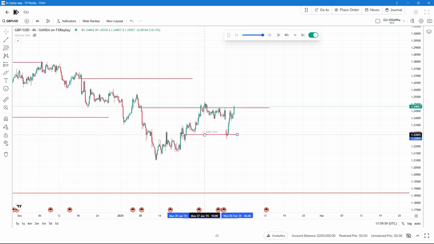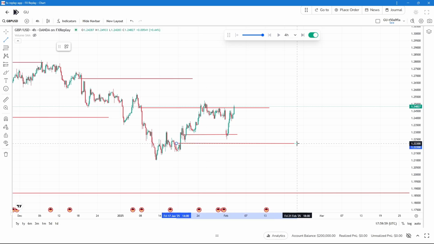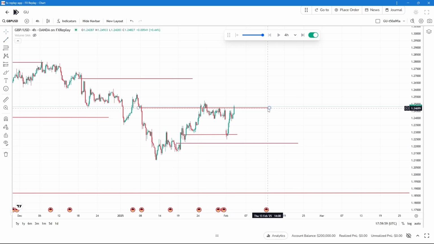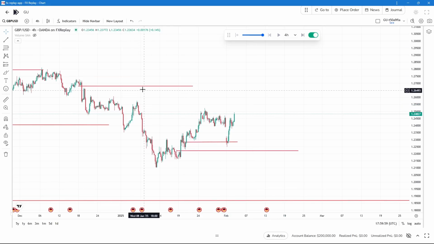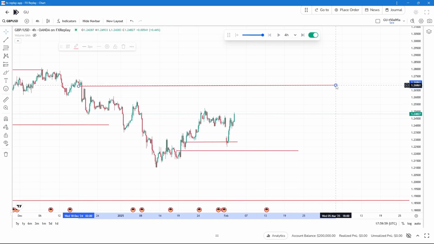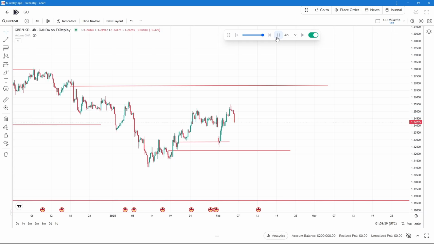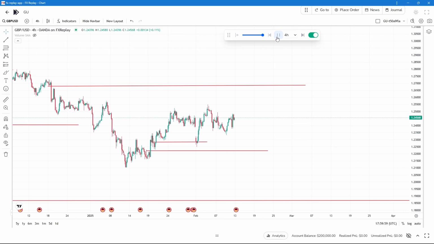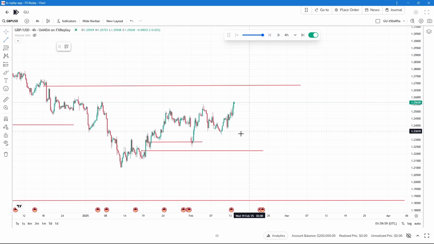Came back into this one. Where's the next stop? Pretty much here. So where did this come into? Some imbalance, not quite the fill, but it's filled most of it.